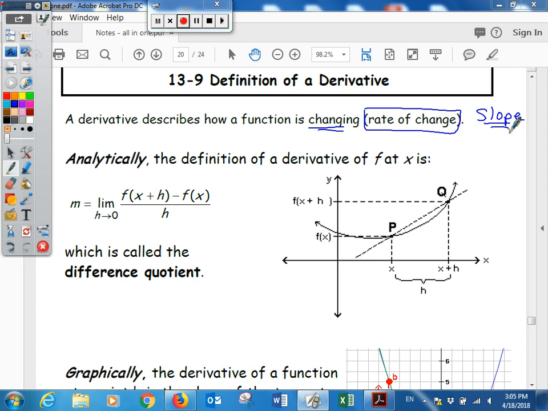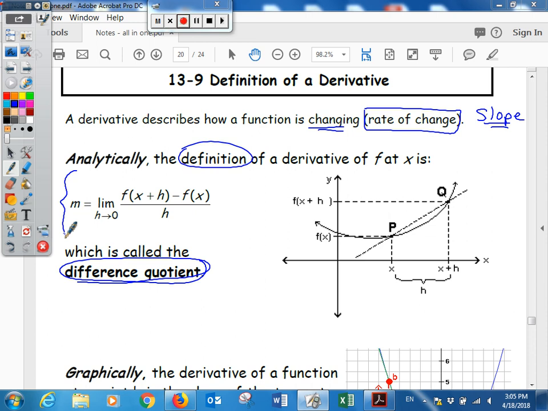So analytically, we have what's called the definition of a derivative, or it's also called a difference quotient. And this is the definition of the derivative. It actually gives you the slope of the secant line.